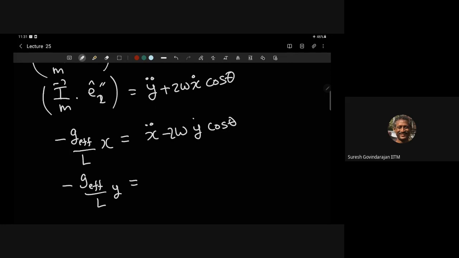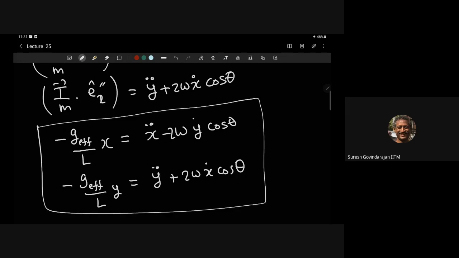So we get a nice coupled set of equations which we have to solve. Omega naught square is equal to G effective by L, because omega naught is what we will measure, so we can replace these by omega naught square. Is this clear, what I have done?